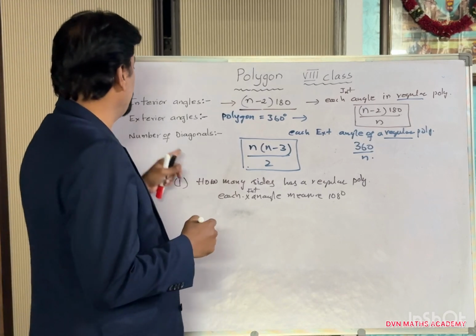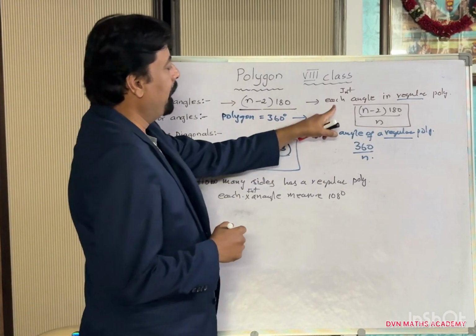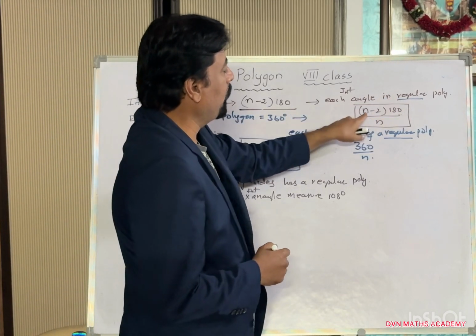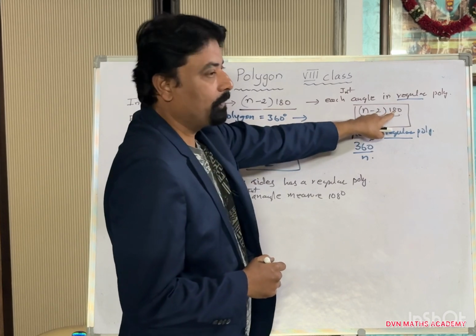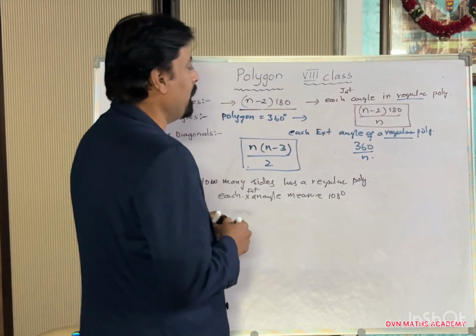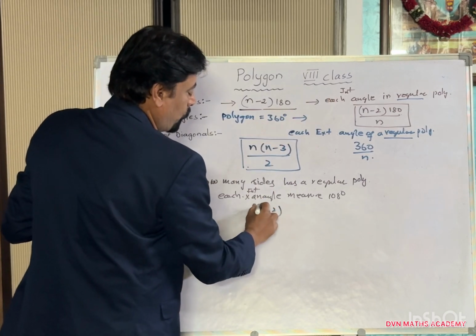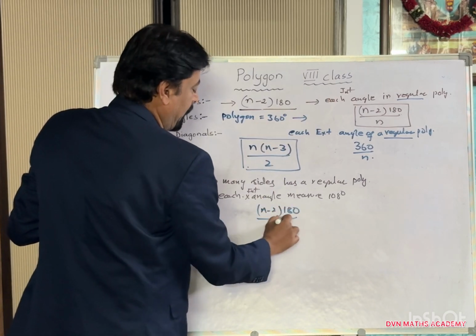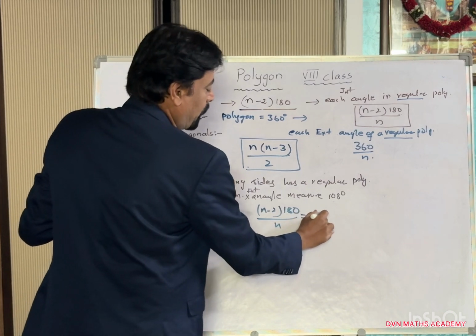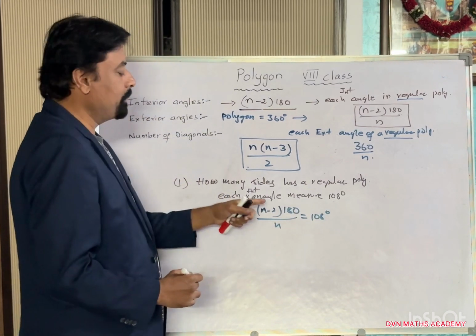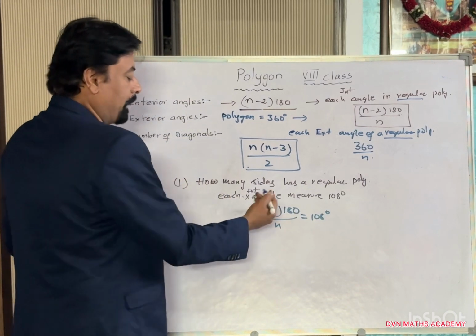I already told you the formula for each interior angle of a regular polygon, that is n minus 2 into 180 by n. So according to the given question, each interior angle, n minus 2 into 180 by n, is given as 108 degrees. By using this formula, it is easy to find the number of sides.